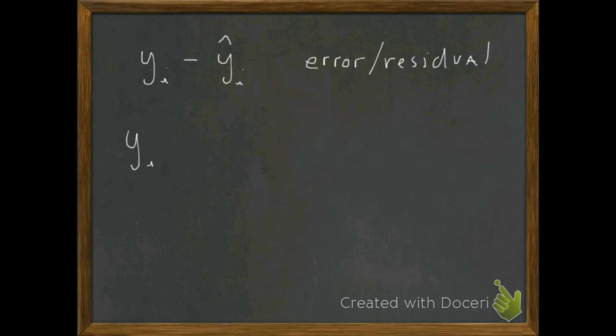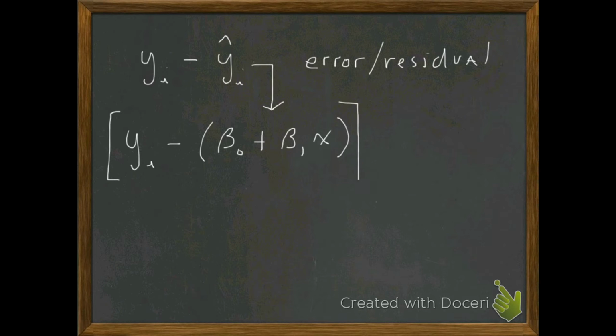A little bit of substitution here, since we make our prediction by putting our x value into our model and multiplying and adding. But what we want to look at is not only the deviations, we want to look at the sum of the deviations squared.